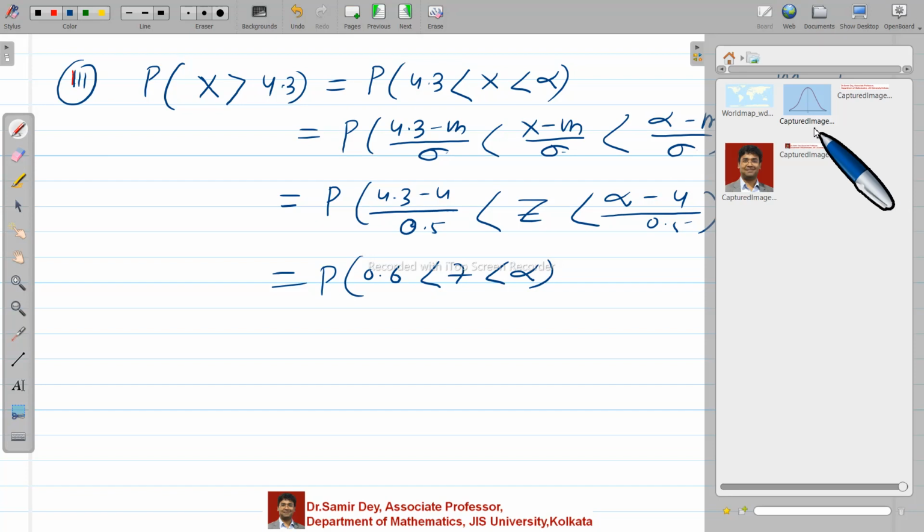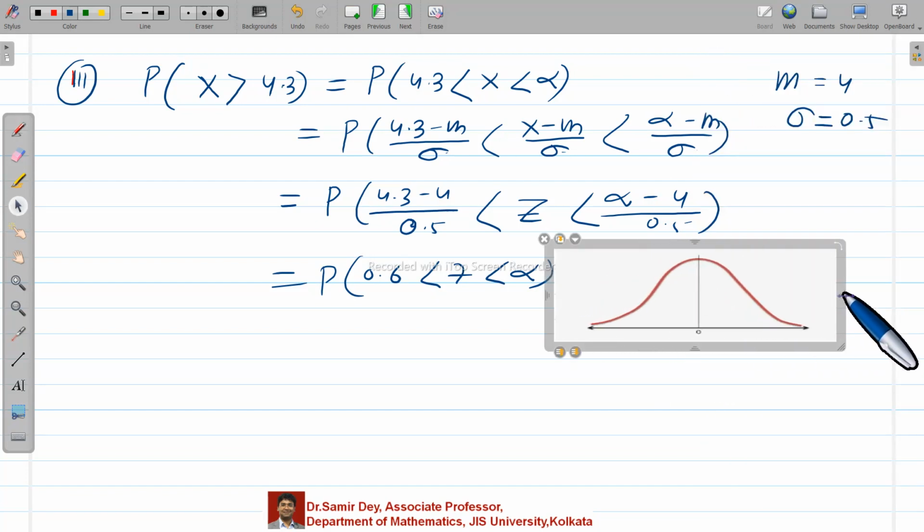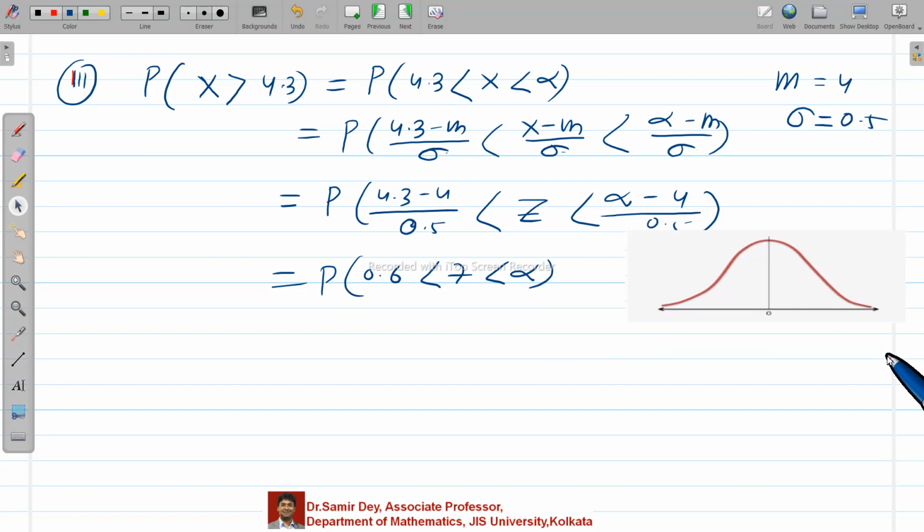Same process, you have to draw the figure of your normal curve. So here it is 0.6, correct, and this is your infinity, this is your 0, and this is your minus infinity, correct.